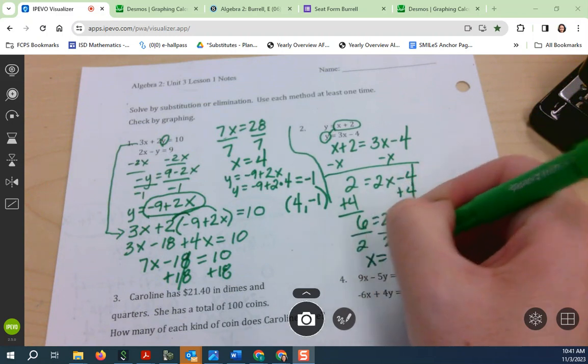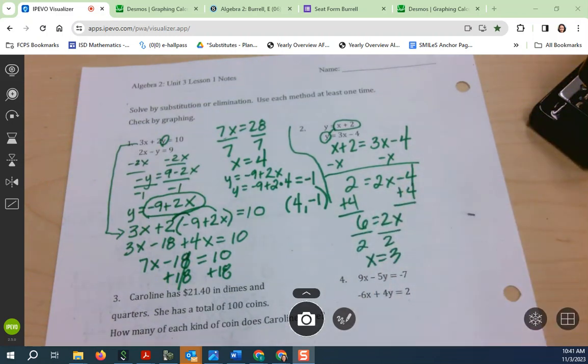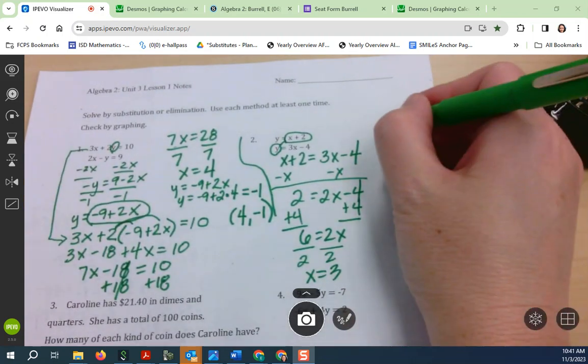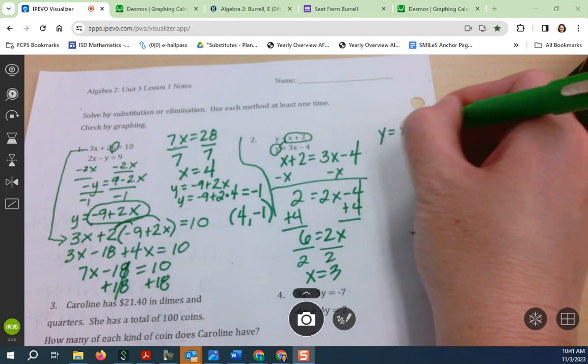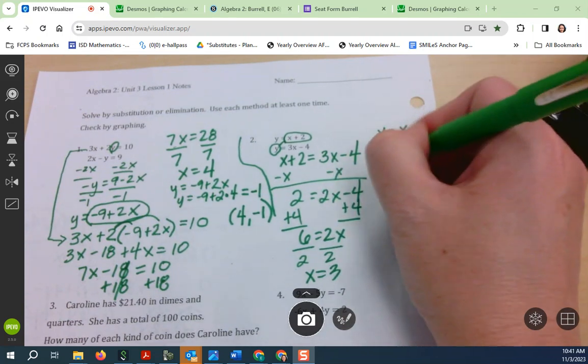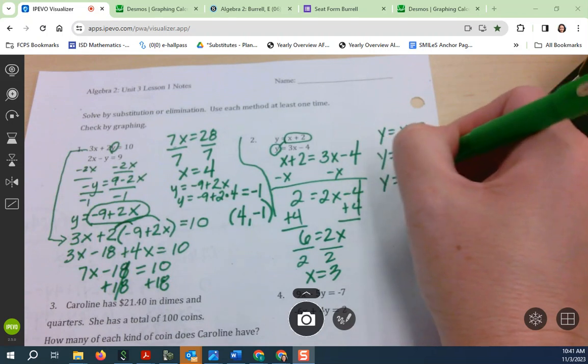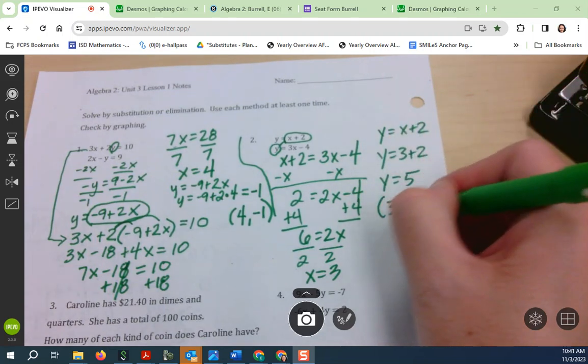So x equals 3. And then substitute that 3 back in to find your y. So y equals x plus 2. I'll put the 3 for the x. And I get y equals 5. And then you write the point.